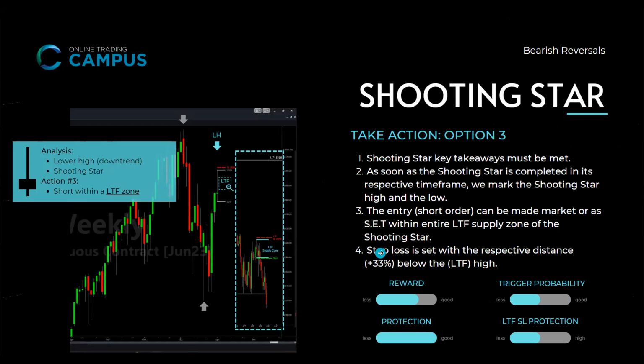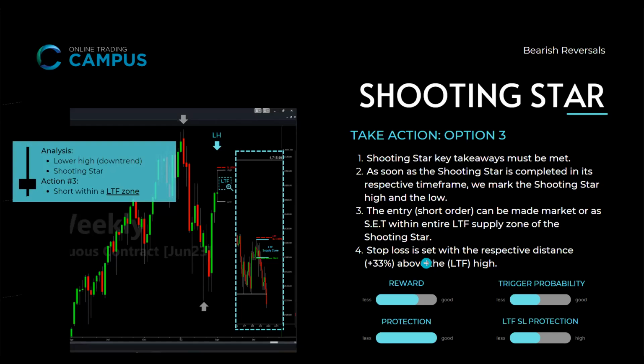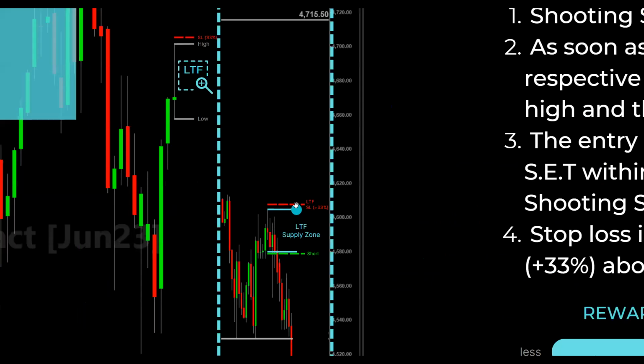Stop loss is set with a respective distance plus 33% above the lower time frame high.